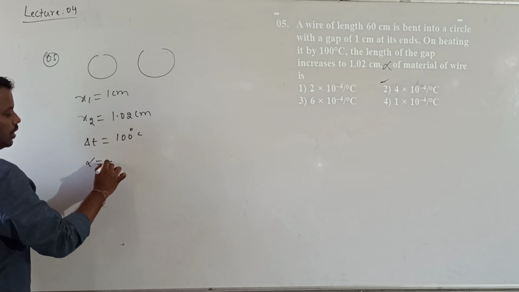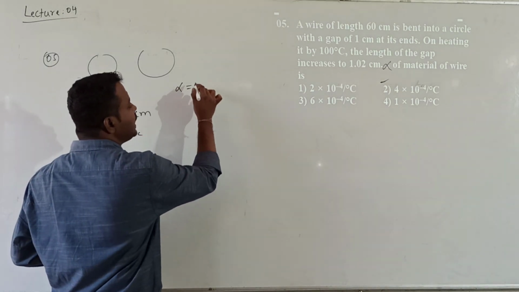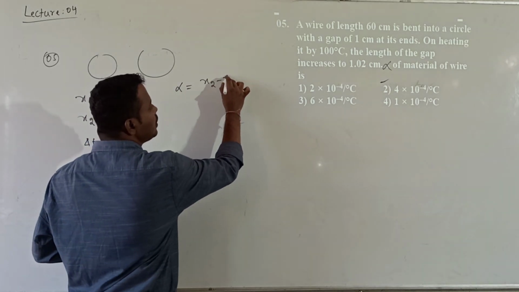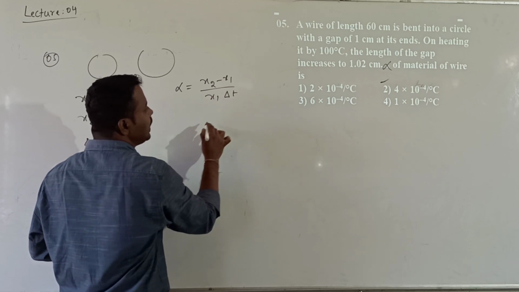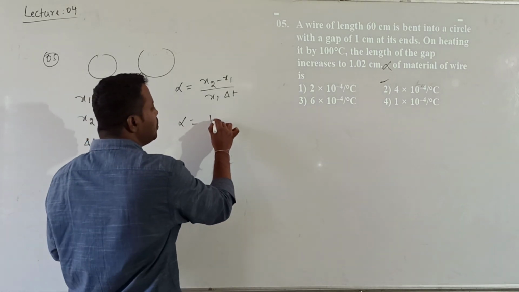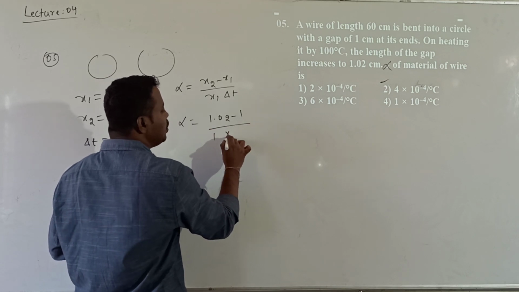We are asked to calculate alpha. Alpha definition: it is the ratio of change in dimension to initial dimension. What is the dimension here? That gap. So alpha is x2 minus x1 divided by x1 into delta T. x2 value is 1.02 minus 1, divided by 1 into 100.